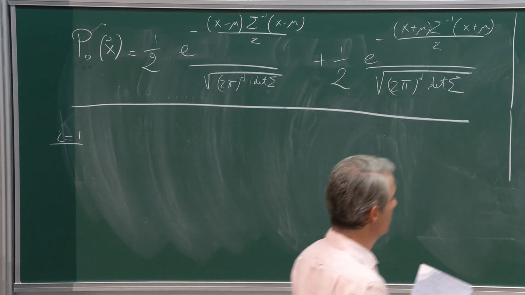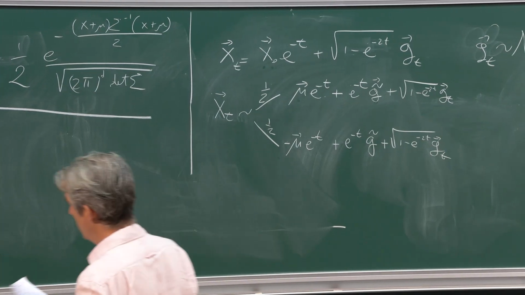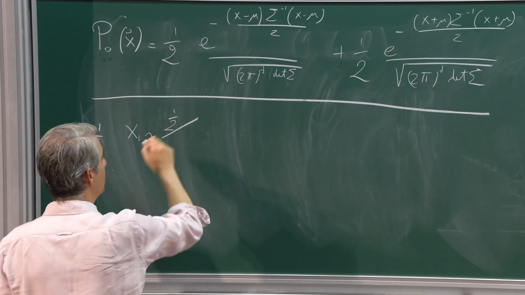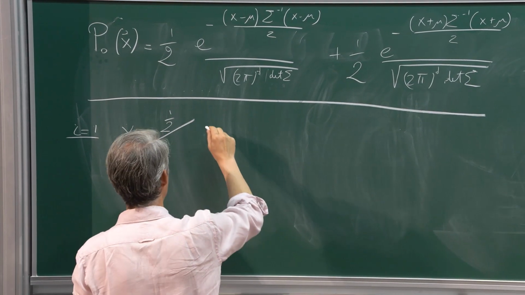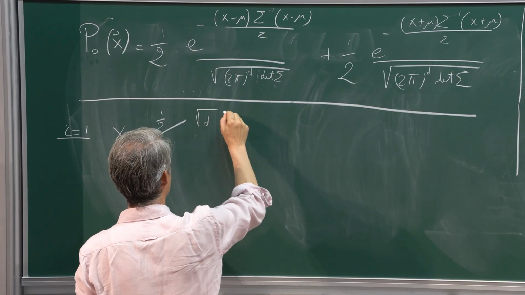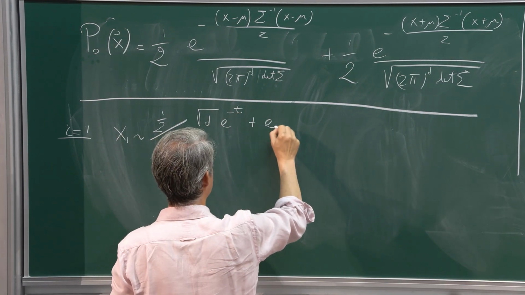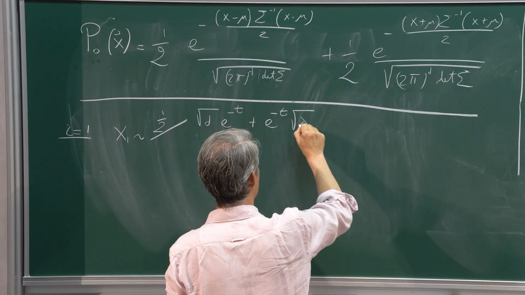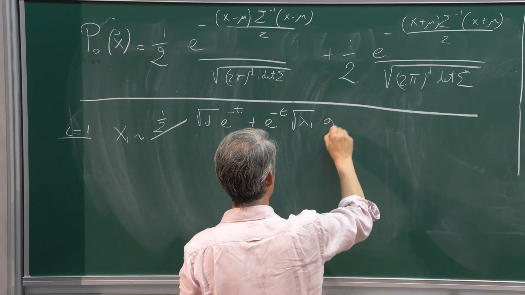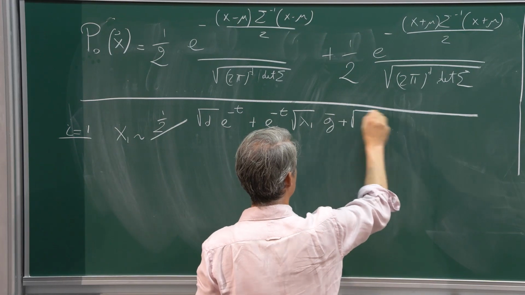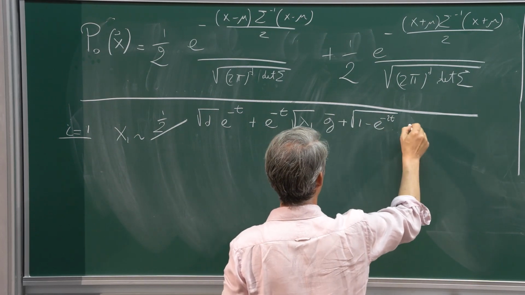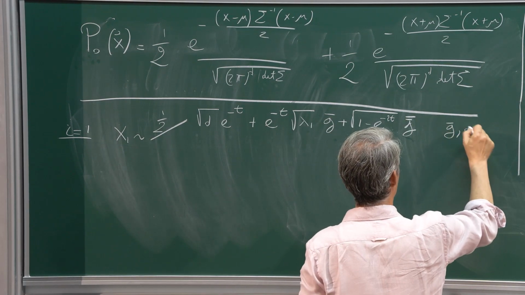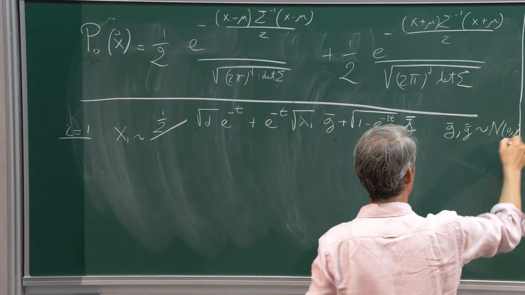So what do I have if I project on the direction mu? x1 will be, with probability 1/2, square root of d exponential minus t plus exponential minus t times a Gaussian variable with square root of lambda 1, let me call it g bar, plus square root of 1 minus exponential minus 2t g bar bar, where g bar and g bar bar are both N(0,1).